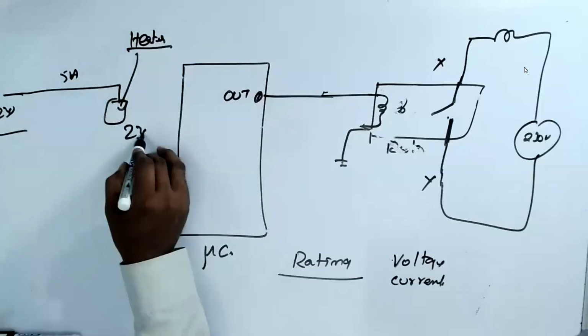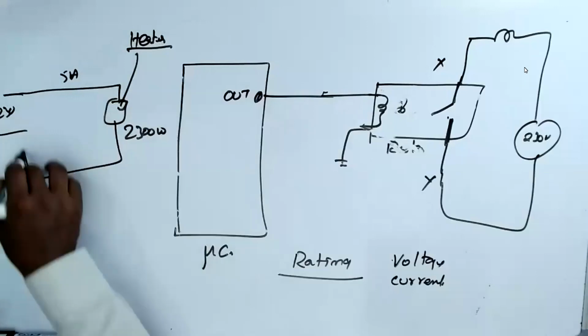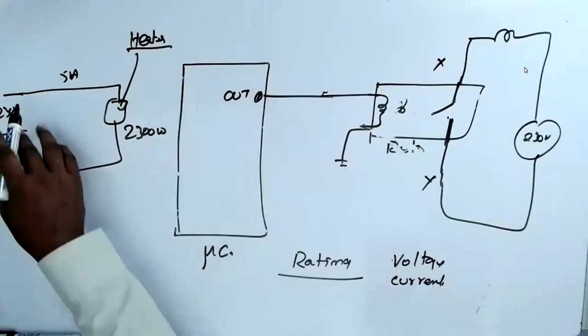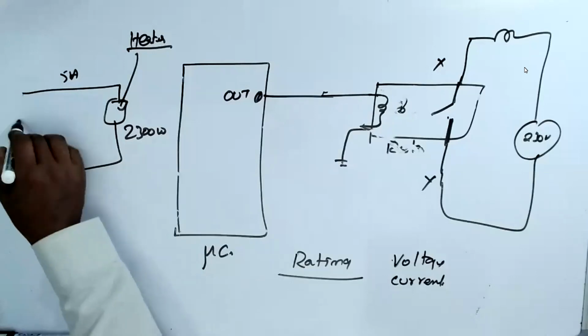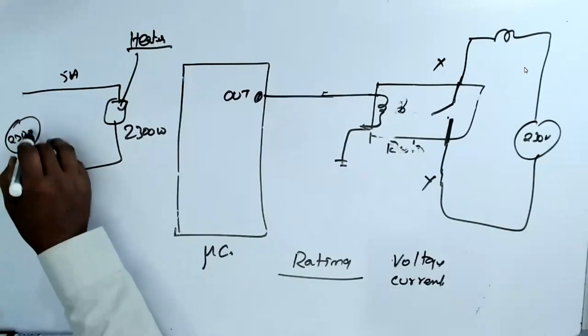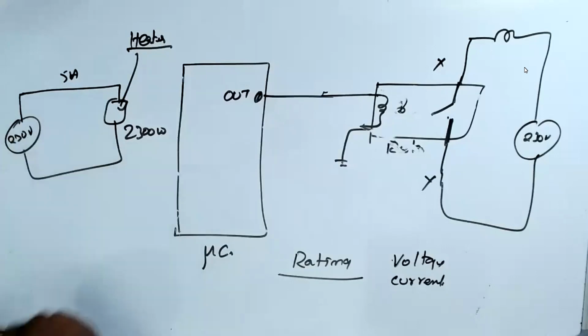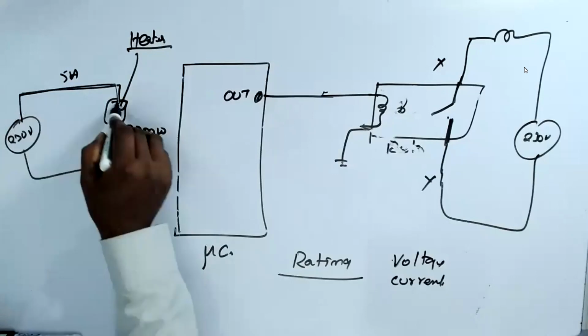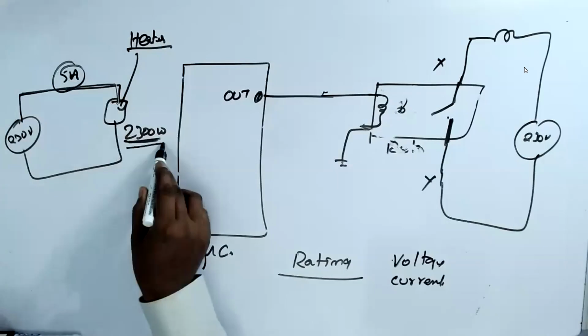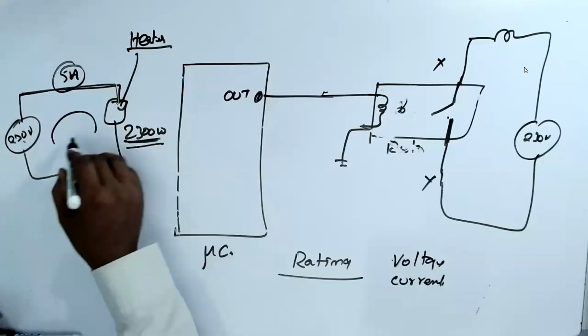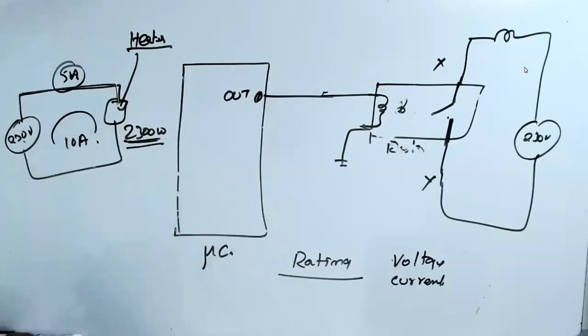Now see here, you're given a 230 volt supply. This is 2300 watts. But the wire you used can only withstand 5 amperes. Now this is 2300 watts divided by 230. The current is 10 amperes. So because of the 10 ampere, this wire will burn.